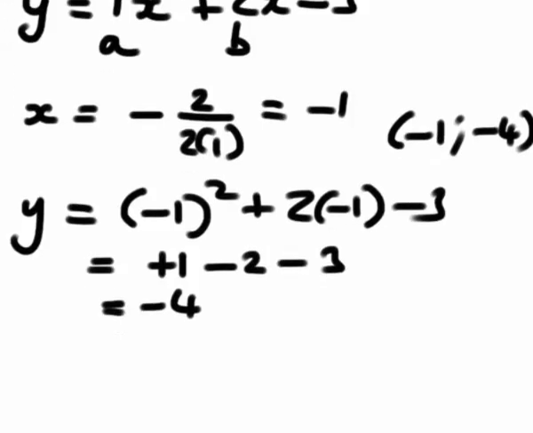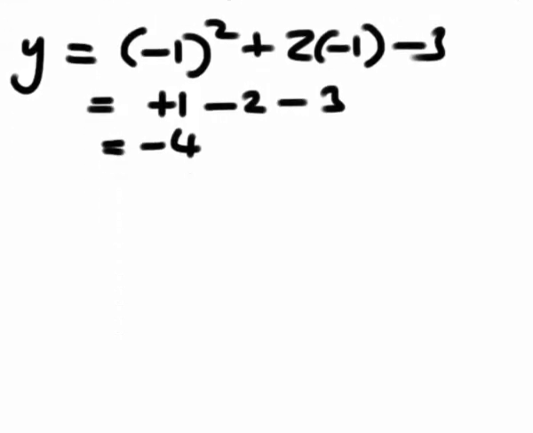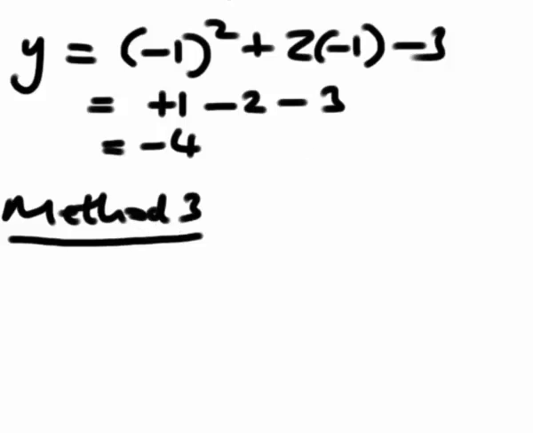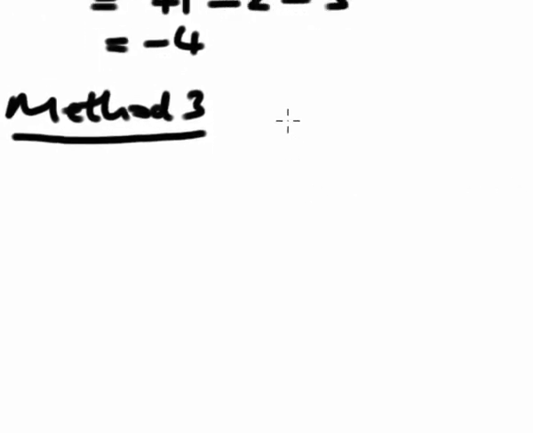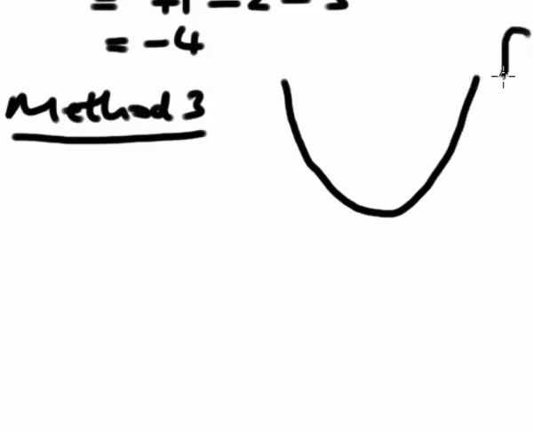Now, the third method for me is more exciting. It's the use of calculus, in particular the use of the derivative. Before I even do this, I want you to look at a parabola graph. That's the graph of our parabola. It's happy. What goes on at a turning point? Well, let's go away from the turning point.